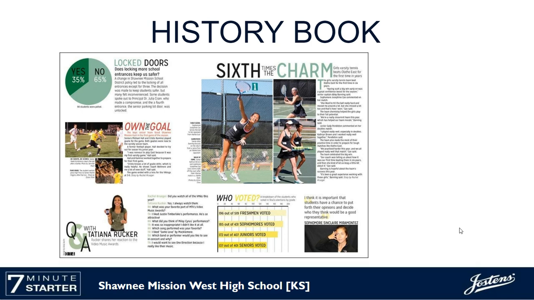Here's one that you can see at the bottom is from Kansas. You can see that obviously there are pictures on it, but this one is talking more about the history of girls tennis and how it is at the school. And you can see, in the upper left-hand corner, the pie chart talks about whether locking more school entrances keeps us safe.